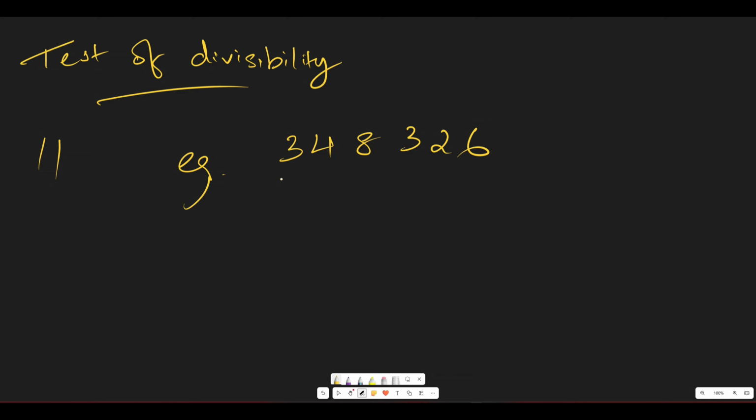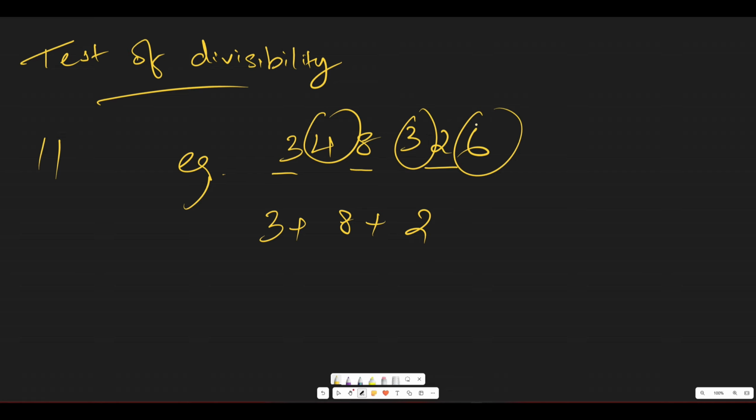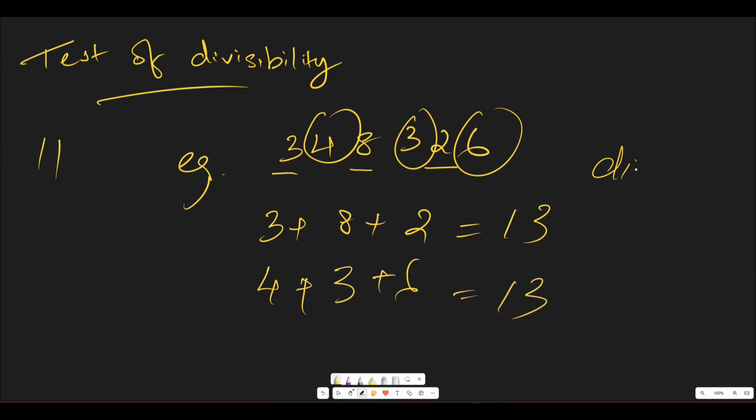We can take 3, 8, 2: 3 plus 8 plus 2 is 13, and here 4, 3, 6: 4 plus 3 plus 6 is 13. So the difference is 0. Or if the difference is a multiple of 11, then the number will be divisible by 11. I hope you guys understand.